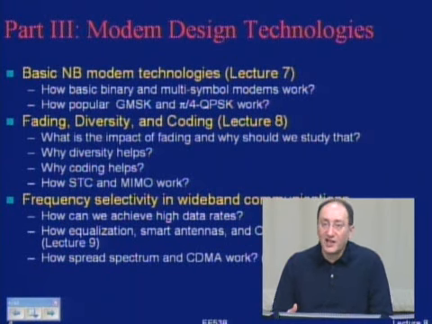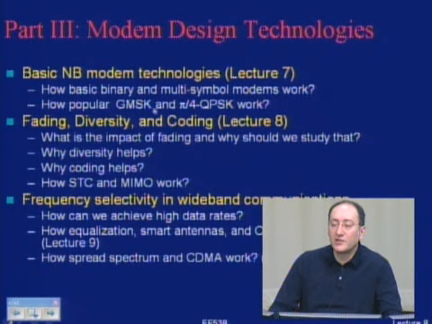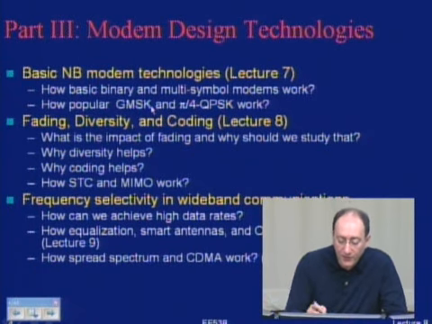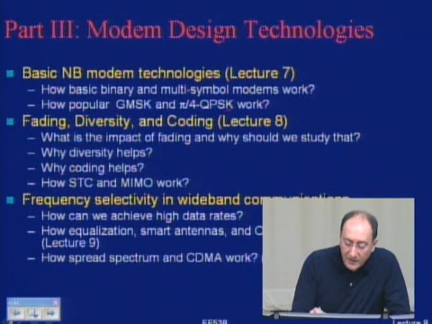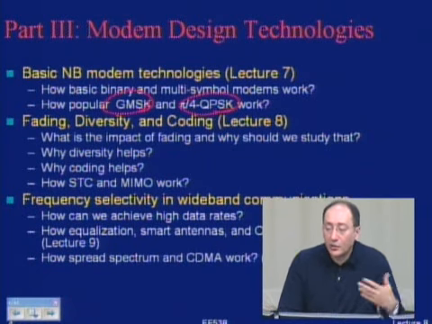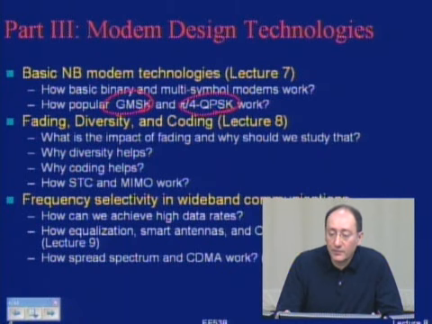And then at the end, I talked about 2 important modulation techniques, GMSK and pi over 4 QPSK, as 2 popular narrowband modem technologies which are used in cellular networks. GMSK was used in GSM and pi over 4 QPSK in American IS-95 and Japanese digital cellular TDMA networks. So that was an introduction, but I didn't talk about radio channel characteristics and the impact of that.